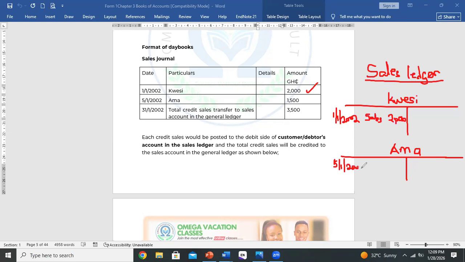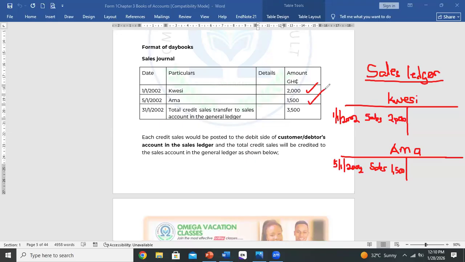The narration will be sales, and then we put the total amount there, which in her case was 1,500. Then we are done with that of Amma.